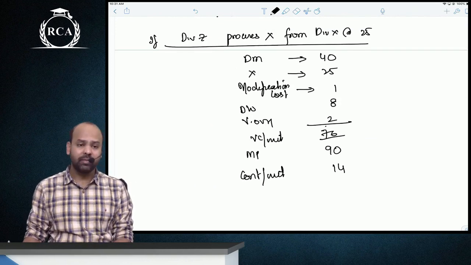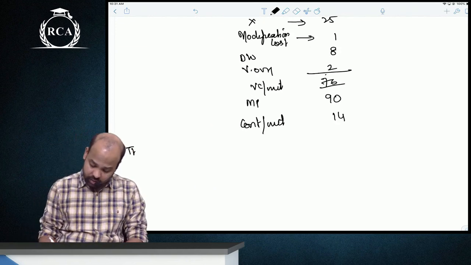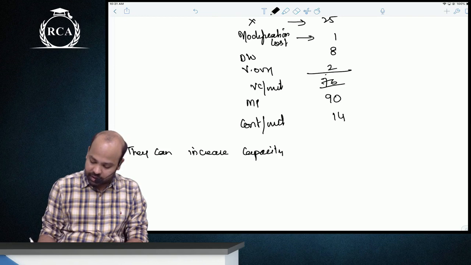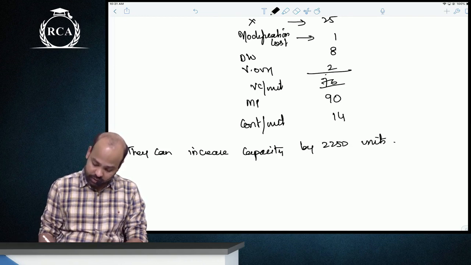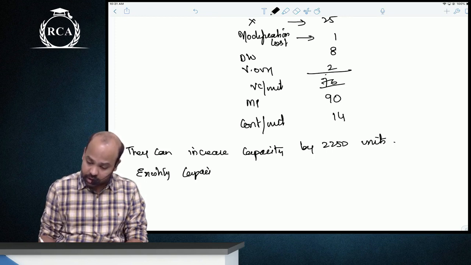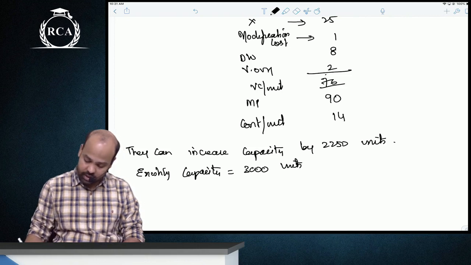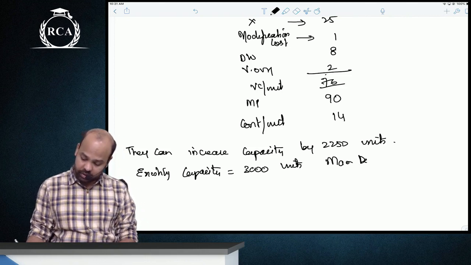Let us not forget that they can increase capacity by 2250 units. Their existing capacity is 3000 units, and maximum demand is 5000 units.